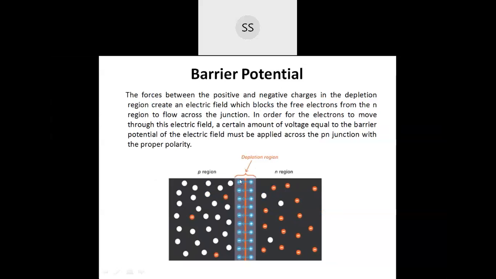The depletion region is there. Concentrate on the shaded part. On the P region this edge is XP naught, and this edge is XN naught.